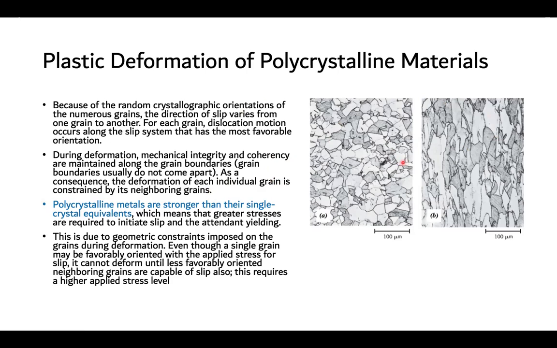Okay, and if you stretch the grains out like this, the polycrystalline metals are stronger than their single crystal equivalent, which means that greater stress is required to initiate slip and attain yielding. This is due to the geometric constraint imposed on the grain during deformation. So while we know that it is a ductile material, sometimes we want a ductile material, but sometimes we want a stronger material.